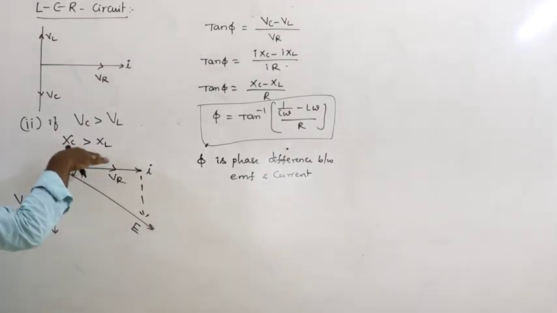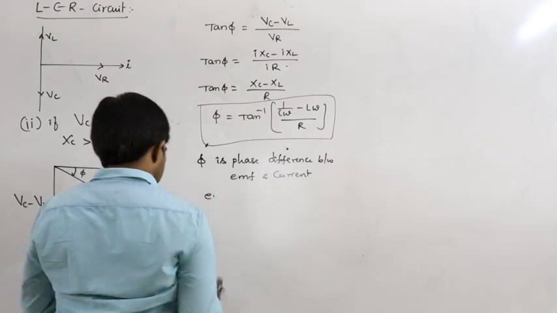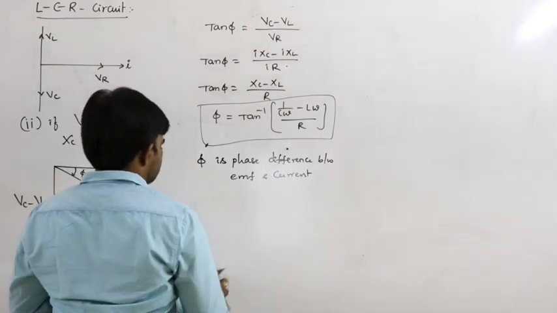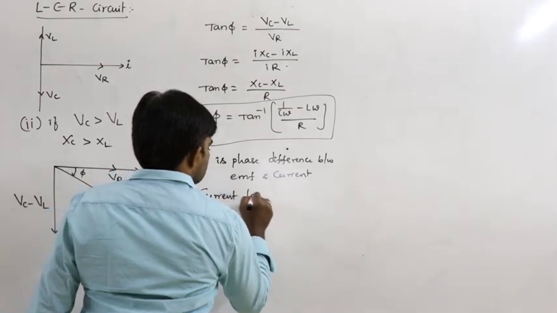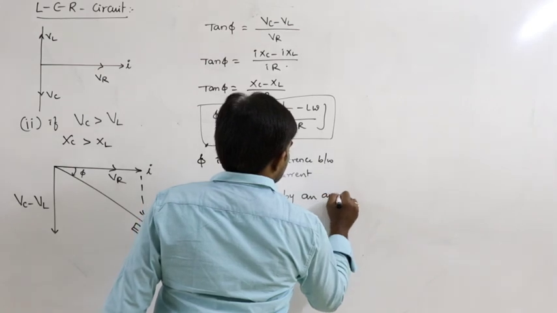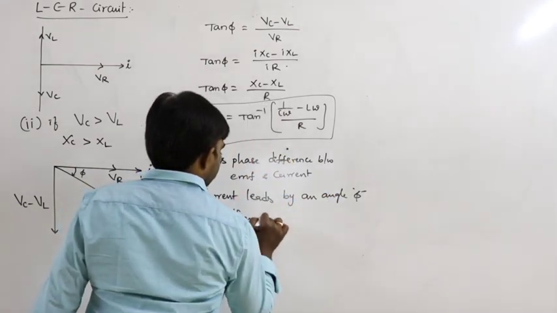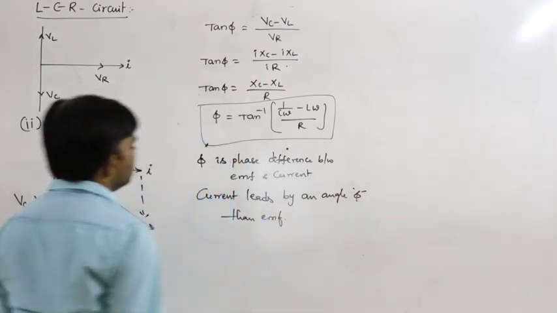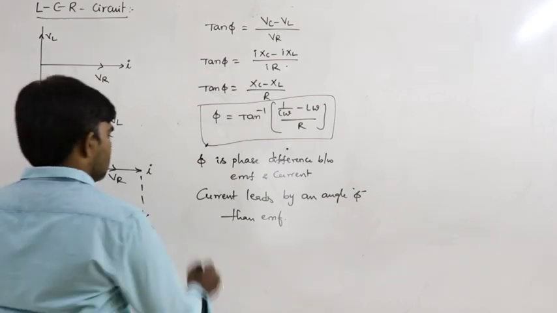So that means EMF lags, or current leads. Current leads the EMF by an angle phi. So this is the situation.